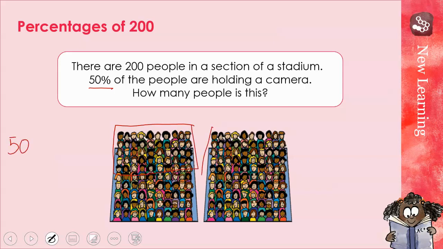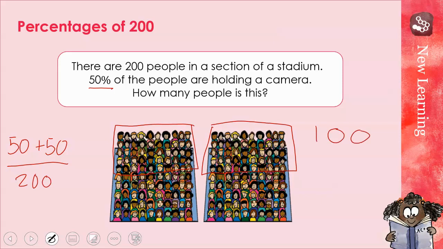And here's 50% of that set, because of 50 out of the 100. So really what I'm doing is 50 add 50 out of the 200. So it's 100 people. If I counted all of these people that I'd highlighted, I would work out that that is 100 people.